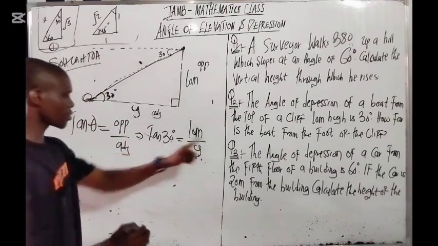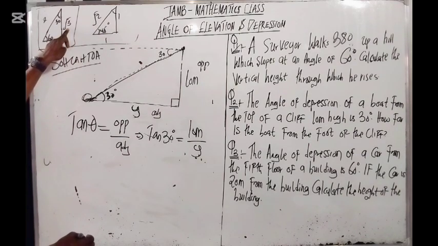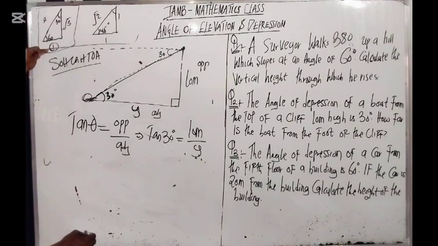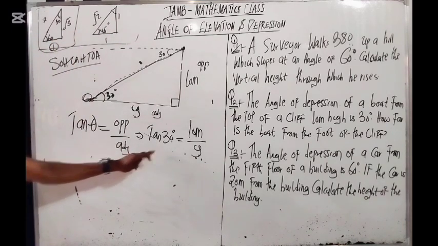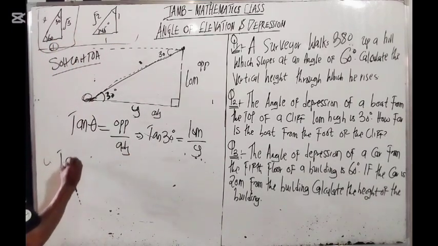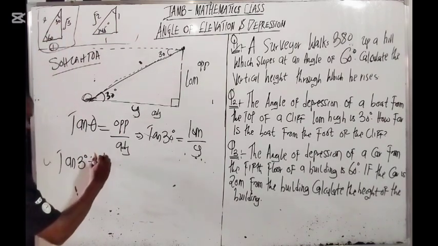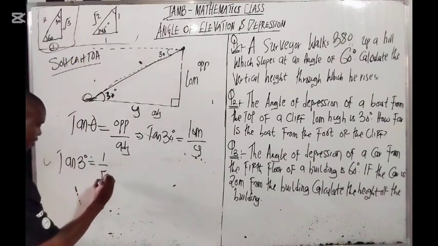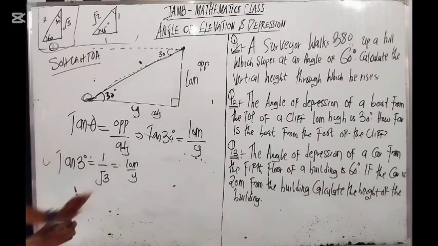Can you see that? Let's look at this one here. In the special angle, tan 30 degrees equals opposite, which is 1, over adjacent, which is square root of 3, equals 10 meters over y.